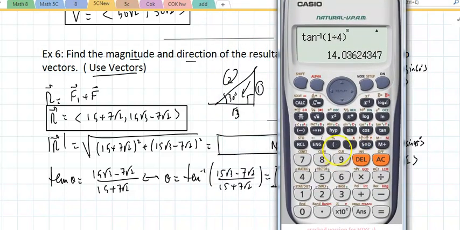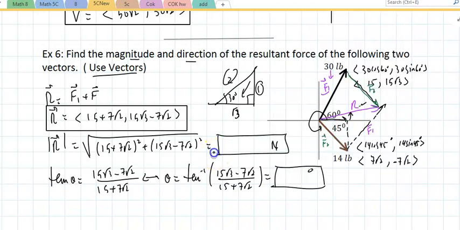And I'm going to do that really quick. So if I take parentheses 15 plus 7 radical 2 squared plus 15 radical 3 minus 7 radical 2 squared, square root of that, it's 29.64 newtons.